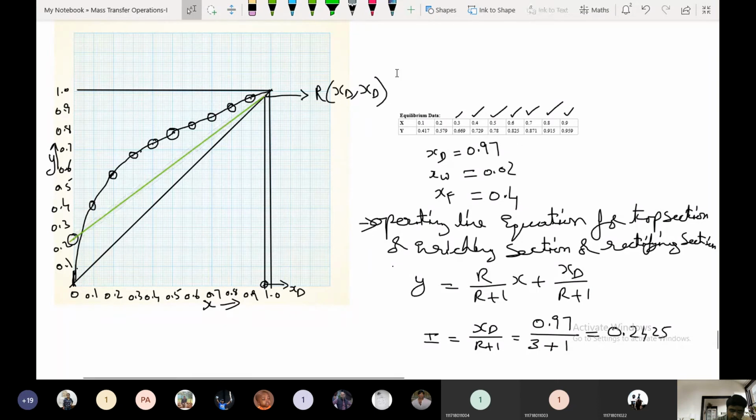Now this green line is called the operating line for the rectifying section or the enriching section.